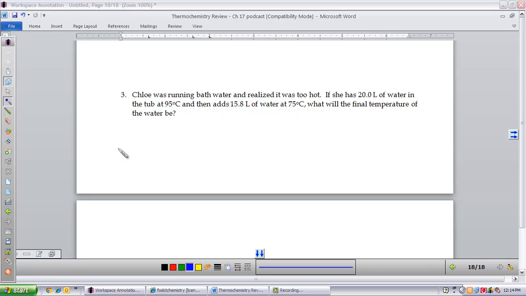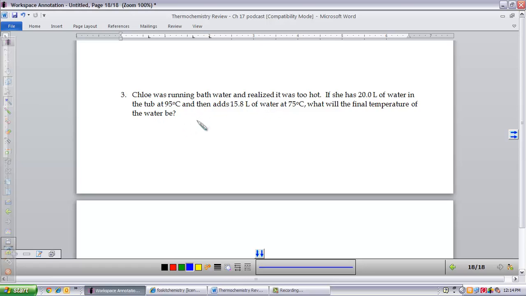Okay, look at this one. It's kind of like a calorimetry problem. Chloe has some hot water. She adds some cool water to it. She wants to know what the final temperature is. So again, you're going to say that the heat lost by the hot water is going to be gained by the cool water that she started with.